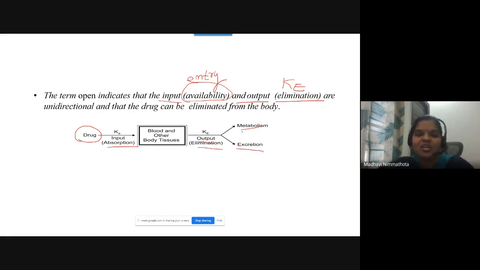Once the drug enters, the drug will be exiting. But in case of IV bolus injection, you don't have this absorption phenomenon. Only rapidly eliminated or rapidly distributed drugs will follow this kind of kinetics. So that's why there is negligible absorption.